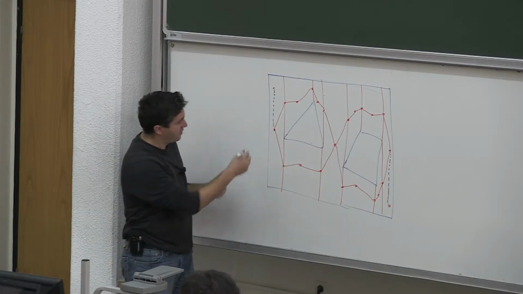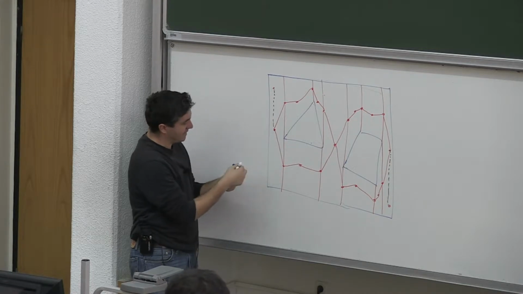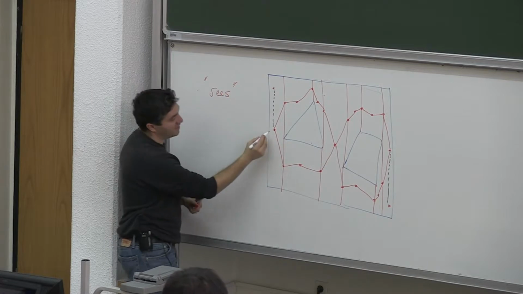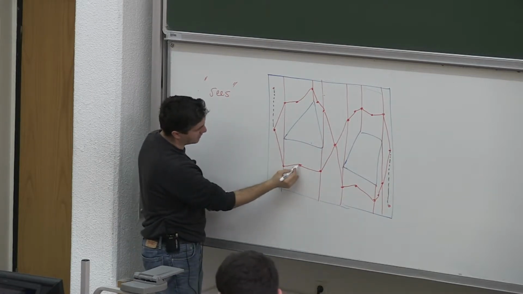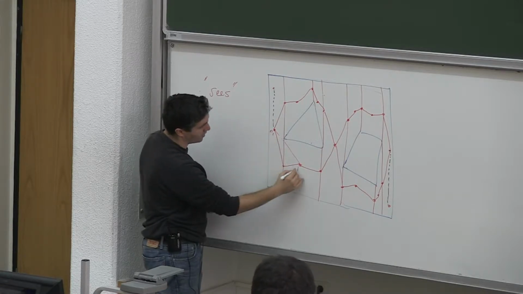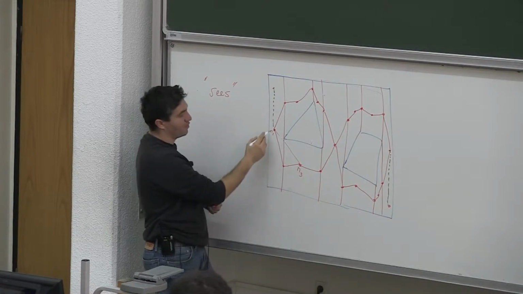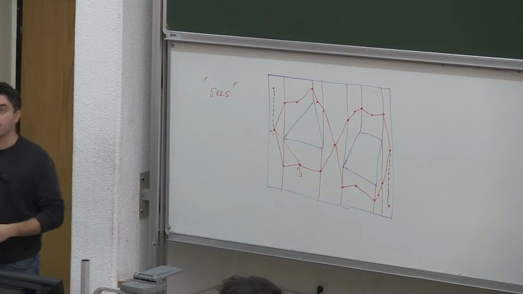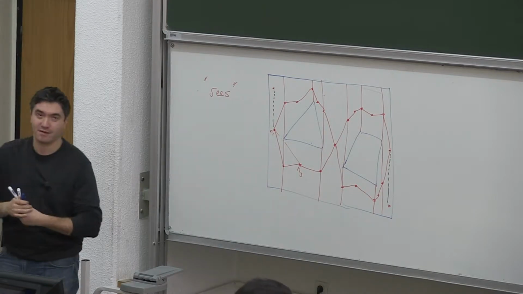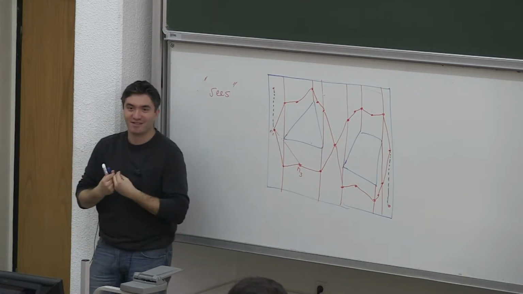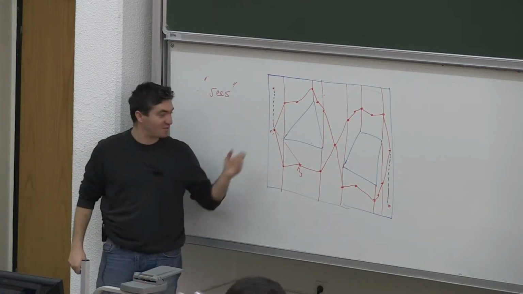If this node sees, and this is an important term, if this node here, let me name it node 1, can see node 3 directly, then the shortest route between two nodes that can see each other is the direct line segment between them, right?